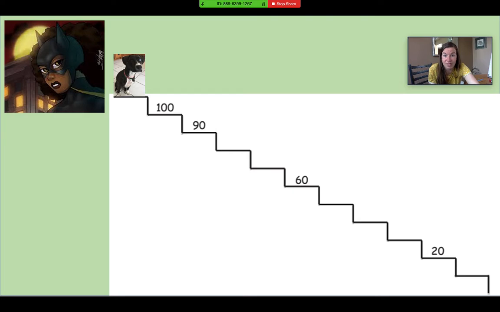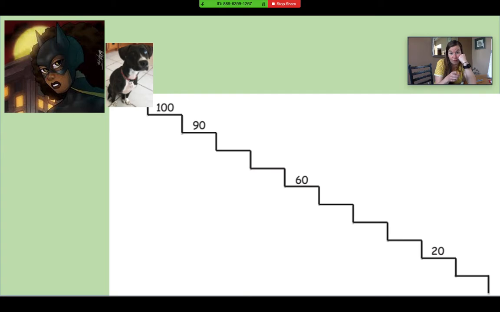There's Ruby. She's got to get down the stairs. All right, are you ready? You count first going down. I'm going to give you a second to figure it out, and then we'll go over it together. Think about the pattern. You're just saying it backwards. And they've given us some steps along the way. So we've got 100, 90. Think about what number would come before 90.